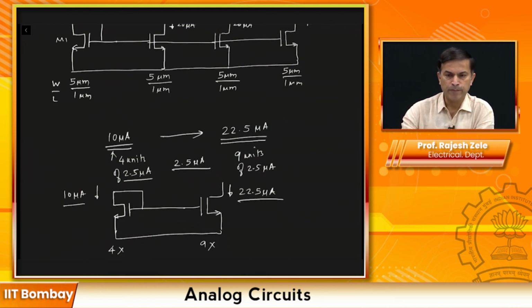Now, if you keep doing that, many times it's not very practical, because these transistors need to be separated from each other. So there is an important concept in analog layout of transistors called number of fingers versus multiplier. That's what I'm going to tell you about.